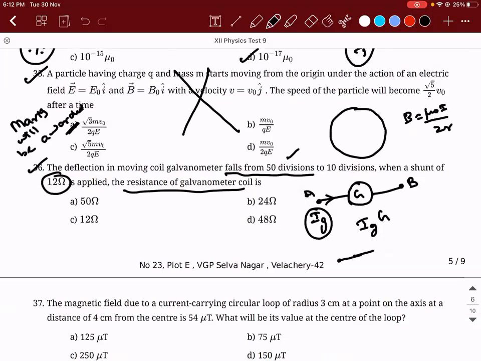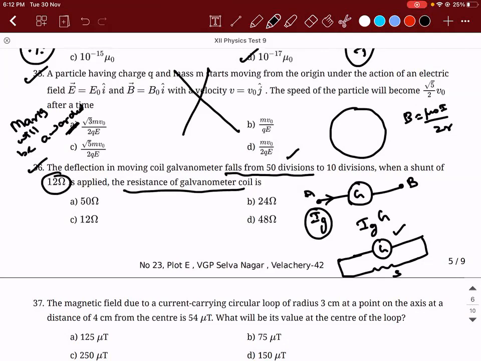Now, what will happen is across the same galvanometer, if you take a shunt resistance and connect, what is happening across this galvanometer? The divisions are falling from 50 divisions to 10 divisions.